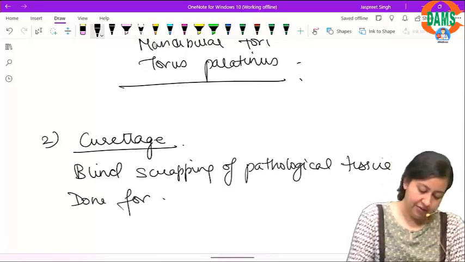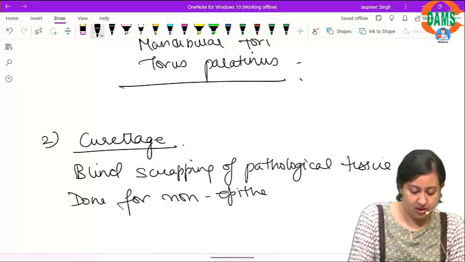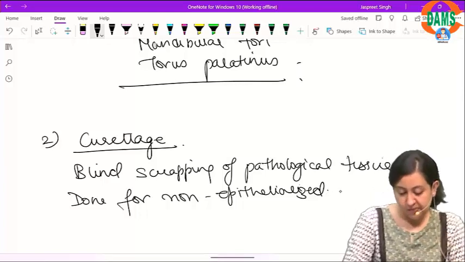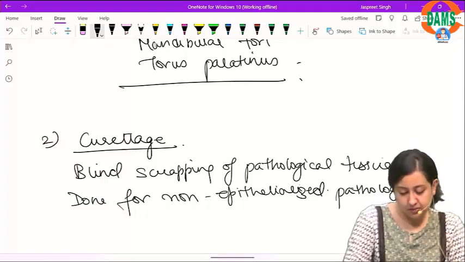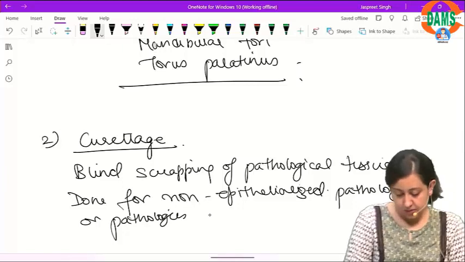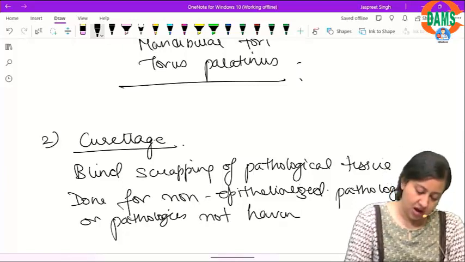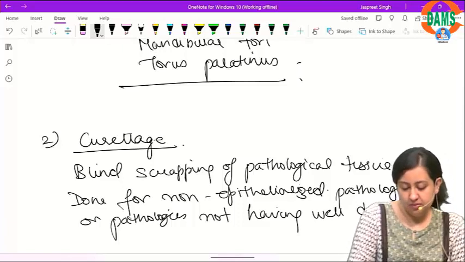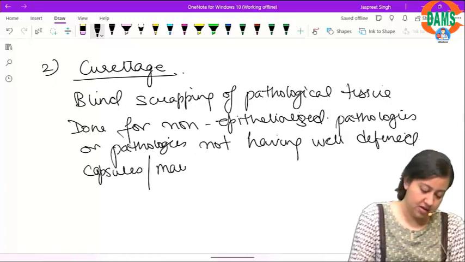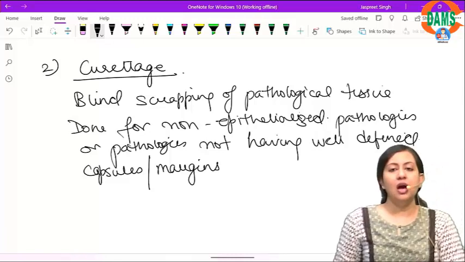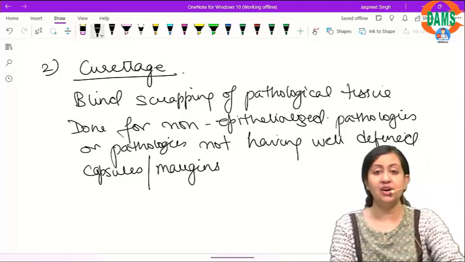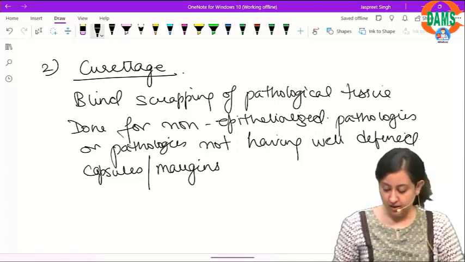It is done for non-epithelialized pathologies, or pathologies not having well defined capsules or margins. Alright.